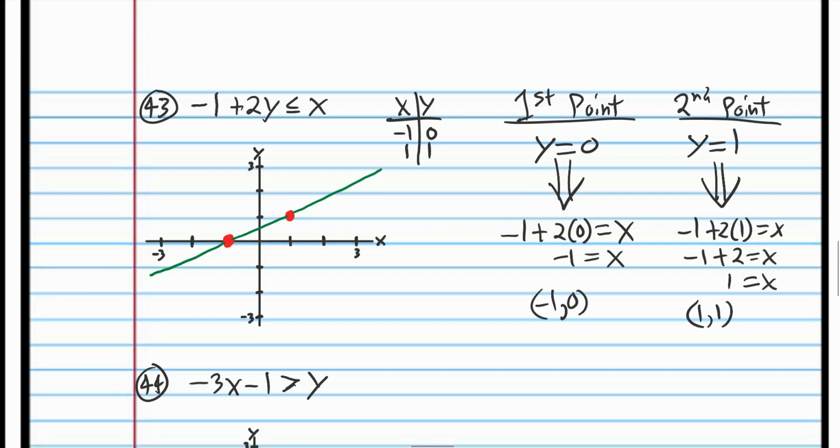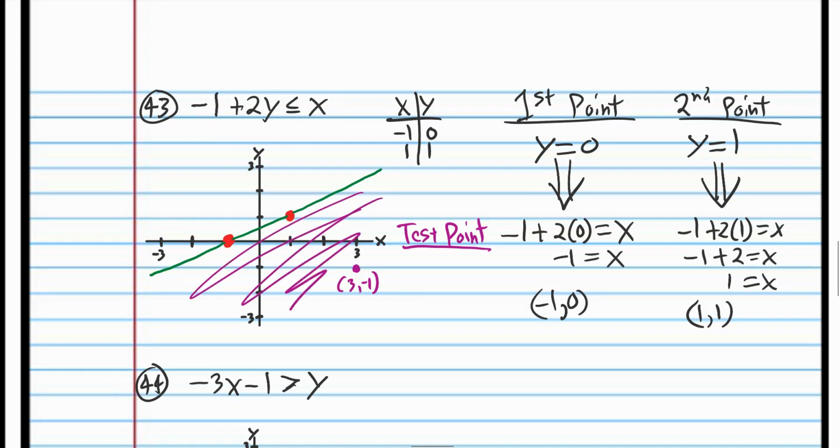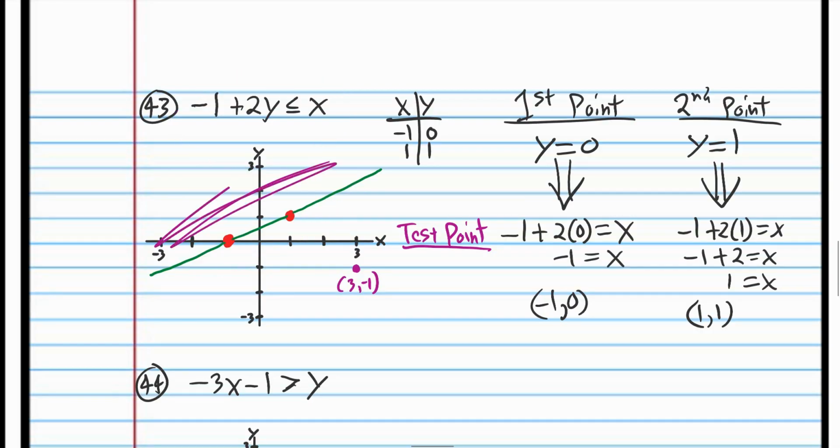And now we have to do a test point to figure out which side of the line we are going to shade in. So let's do 3, negative 1. We're going to test that point. And if the point works in this inequality, then we're going to shade in this region. If it doesn't work in this inequality, then we're going to shade in this region.